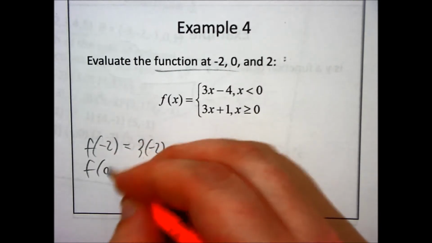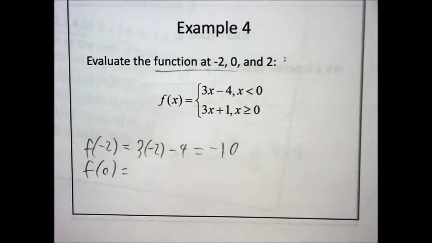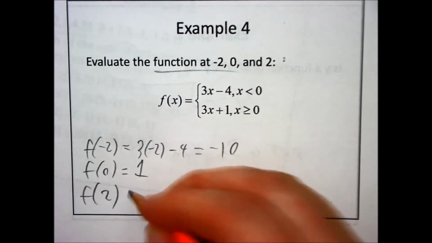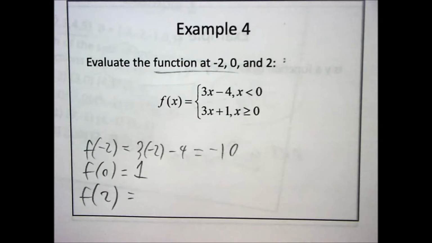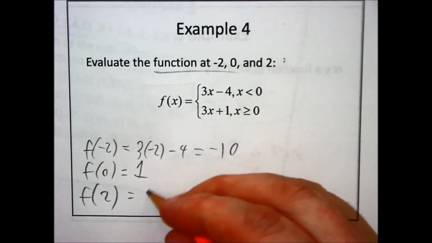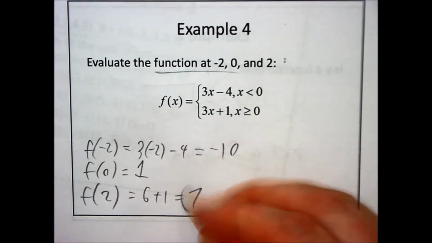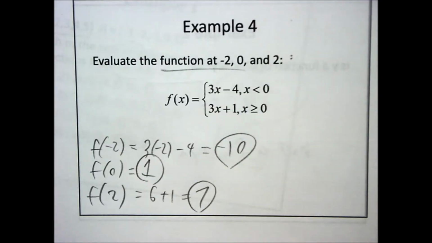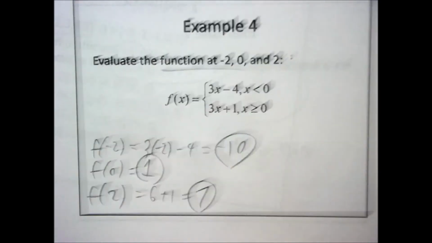What about f of 0? Plug in the bottom one, that's going to give me 1. F of 2 gives me 7. So those are your 3 solutions. Make sense? Okay.